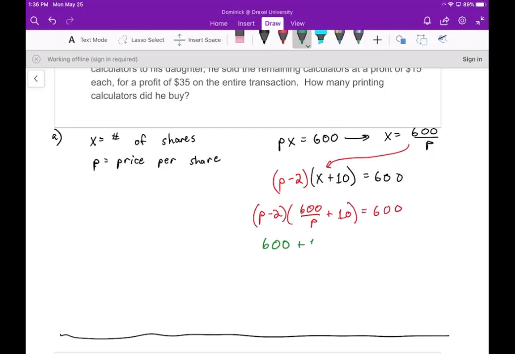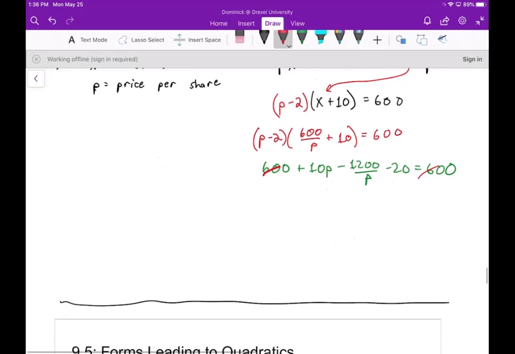Then we're going to get a plus 10P minus 1200 over P, and then minus 20 is equal to 600. Well, we can subtract 600 from both sides. That's not a problem. And then we end up with 10P minus 1200 over P minus 20 is equal to 0.